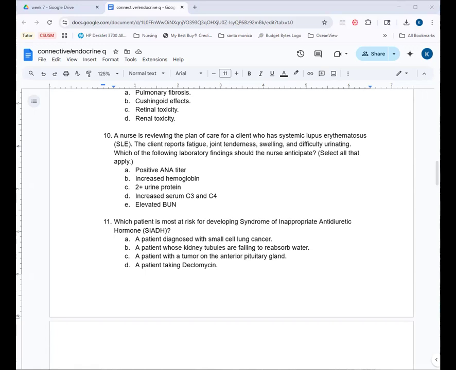Where are we? I'm in the wrong section. That's why. Symphony.